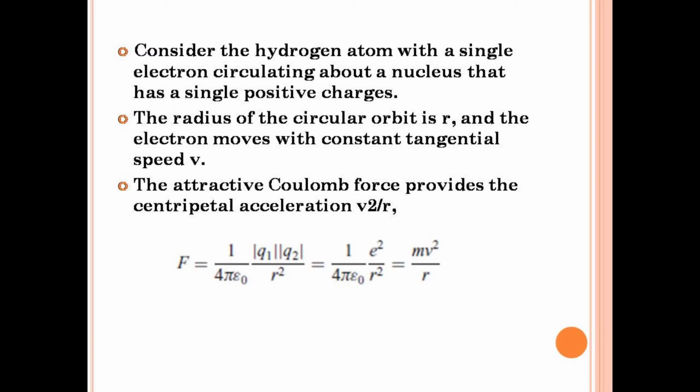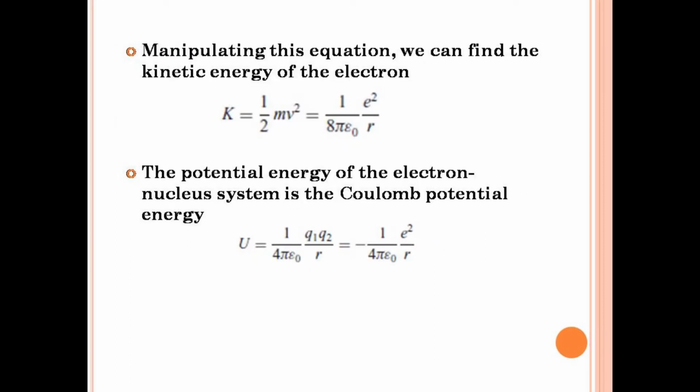Here the charge is e, so 1/(4πε0) e²/r² = mv²/r. To maintain the orbital motion, the necessary attractive force is provided as centripetal force, which is why the Coulomb force here is equal to mv²/r.